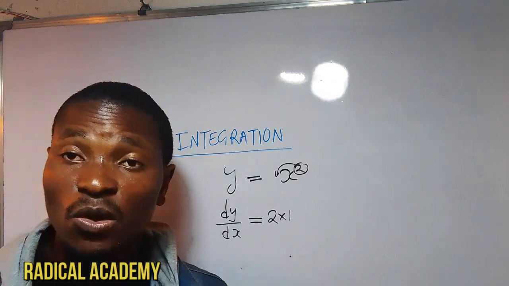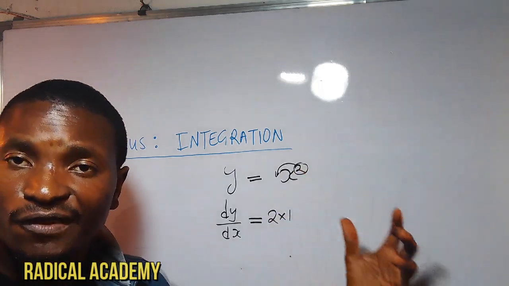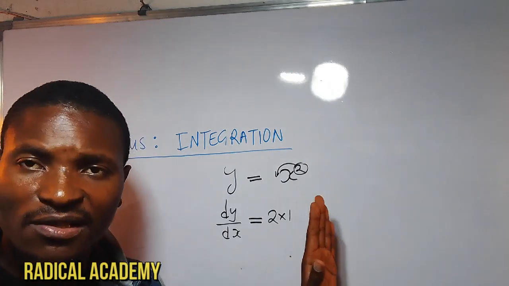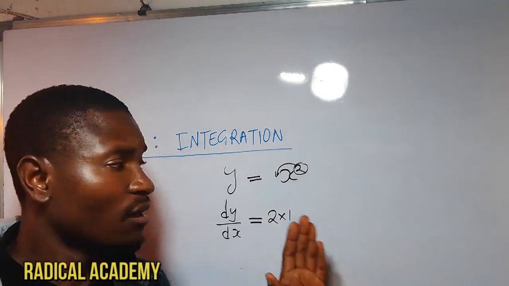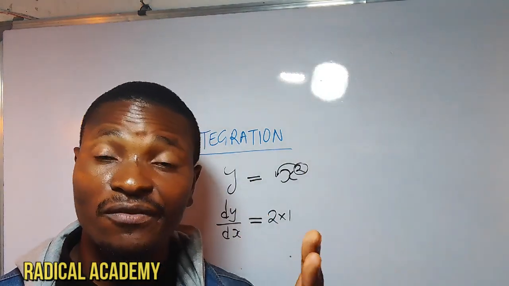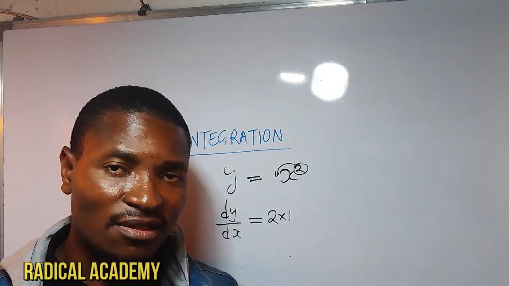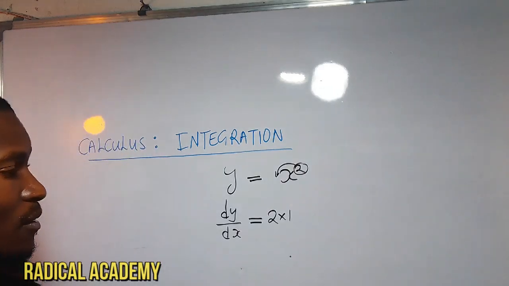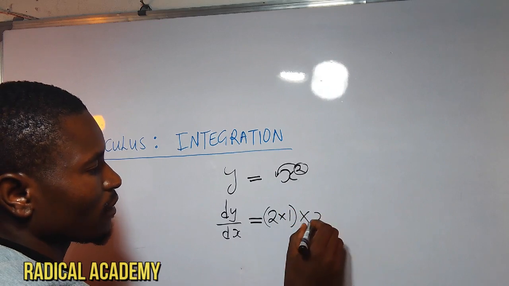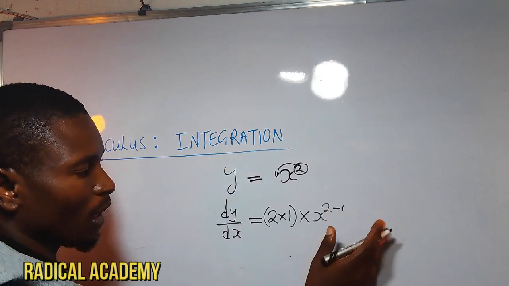In this specific example, we don't have any coefficient in front of x, meaning that there is just an invisible 1, which you cannot see because 1 times x is x. So there is an assumption that there is just x there. So 2 times that 1 multiplied by x. Now this power is going to reduce by 1.